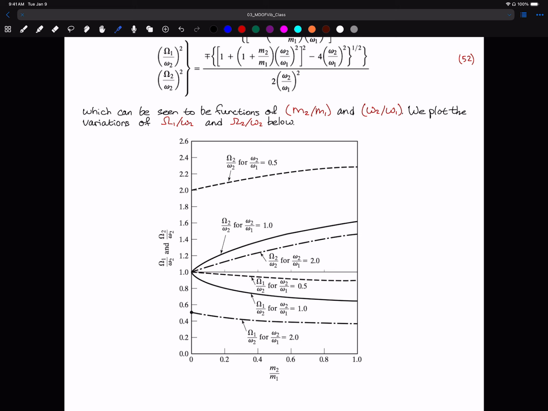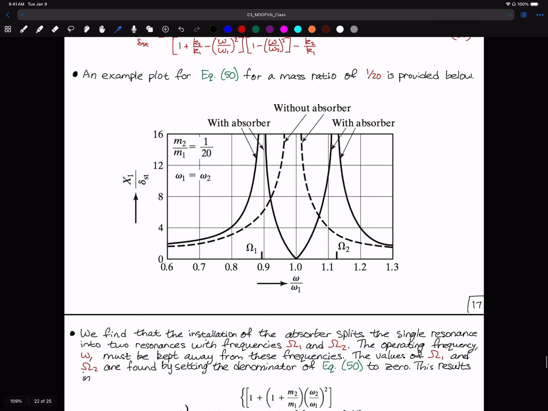Meaning that if you know that you want to operate within a particular range, let's say you not only want to operate near the resonance frequency, but you want to operate around it as well, you can then design your absorber and its natural frequencies in a way that allows you to expand the range of where you want to operate.